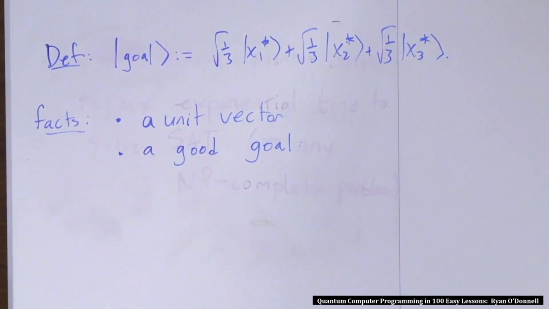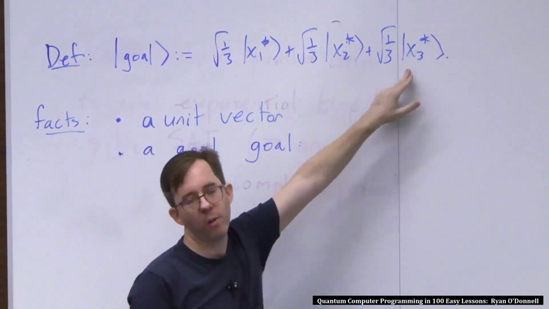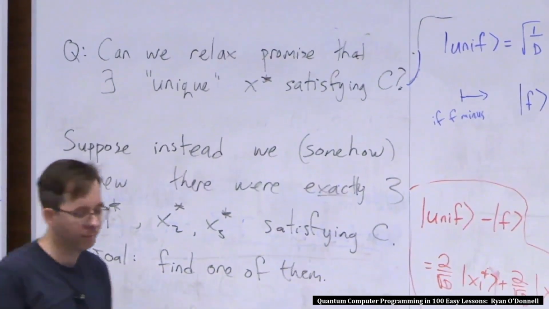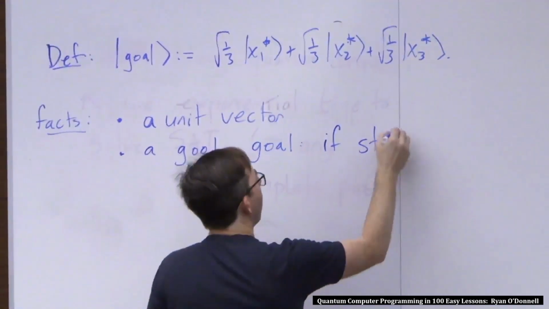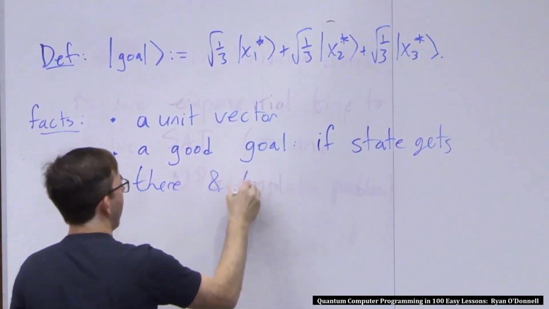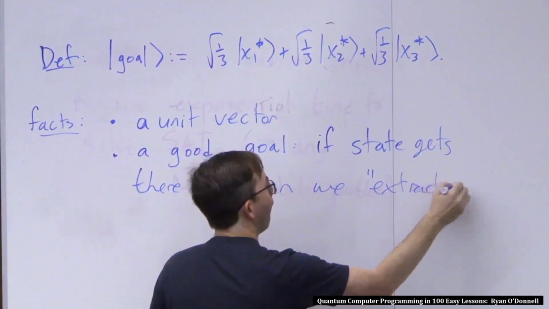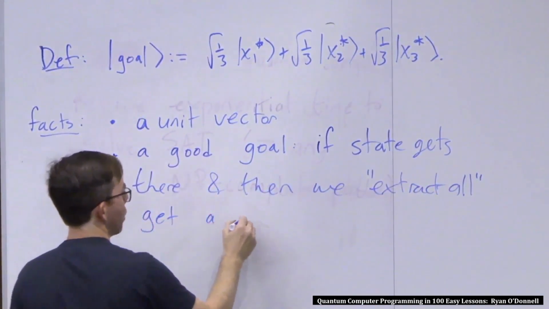Then what happens if we do a measurement? Well, with 1/3 probability it prints out x1 star, with 1/3 probability it prints out x2 star, and 1/3 probability it prints out x3 star. And that's great. These are the 3 satisfying strings. We're only trying to find one of them, so whichever one it prints out is fine to us. Okay? So if we get the state here, then we measure, and we get a uniformly random satisfying string.